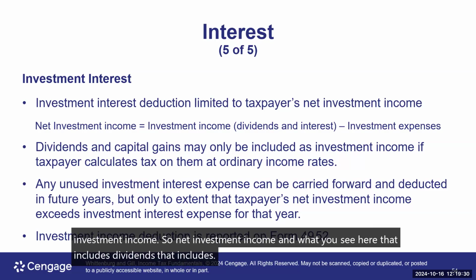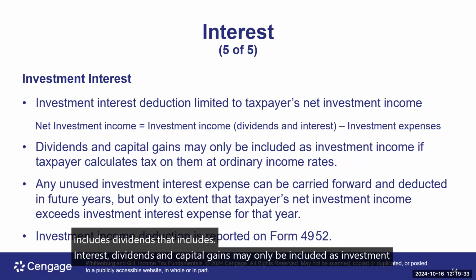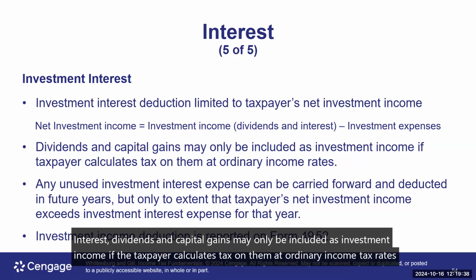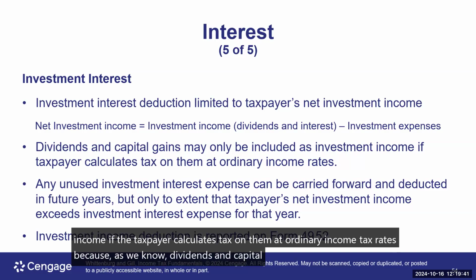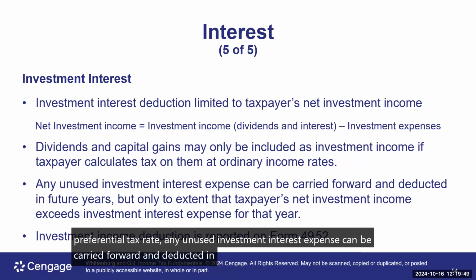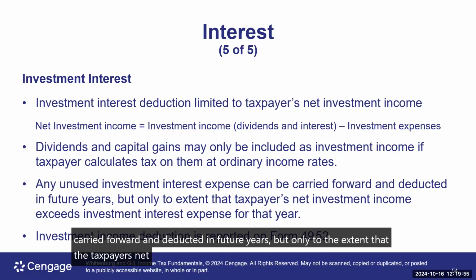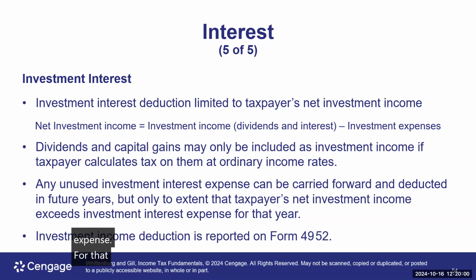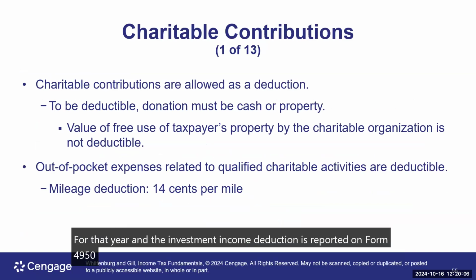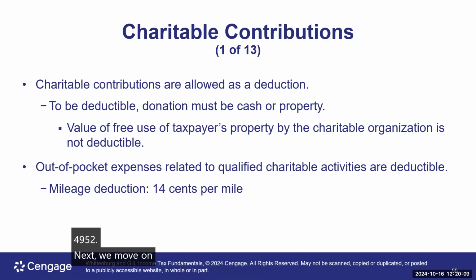Dividends and capital gains may only be included as investment income if the taxpayer calculates tax on them at ordinary income tax rates, because as we know, dividends and capital gains are taxed at a preferential tax rate. Any unused investment interest expense can be carried forward and deducted in future years, but only to the extent that the taxpayer's net investment income exceeds the investment interest expense for that year. The investment interest deduction is reported on Form 4952.